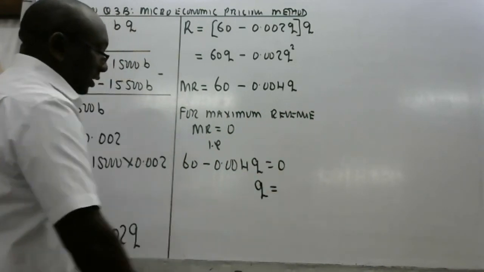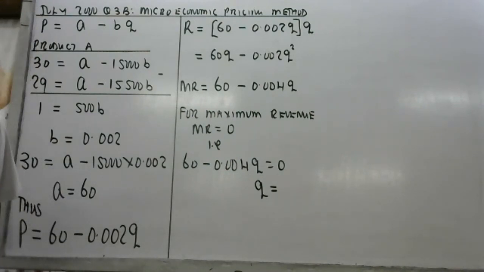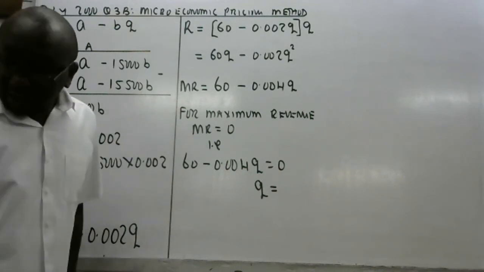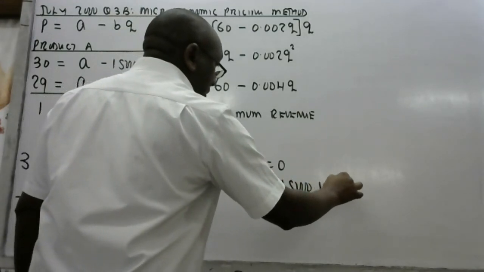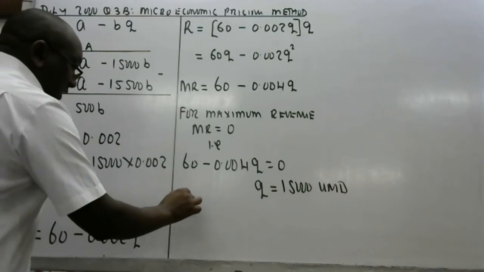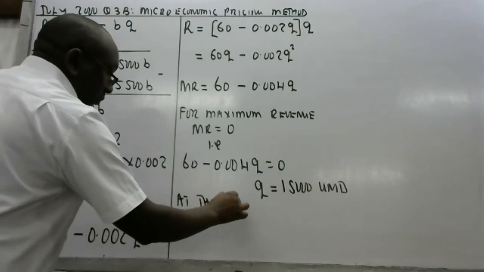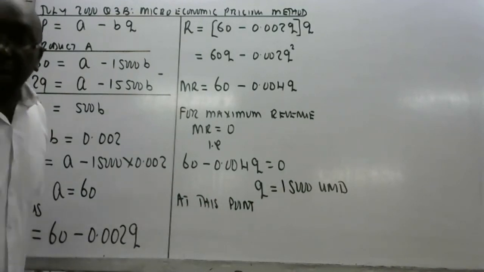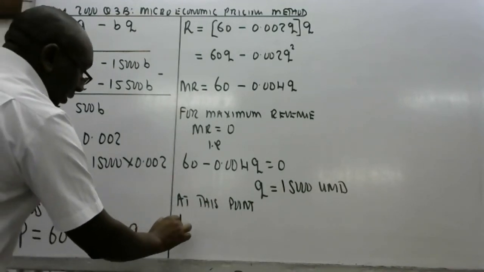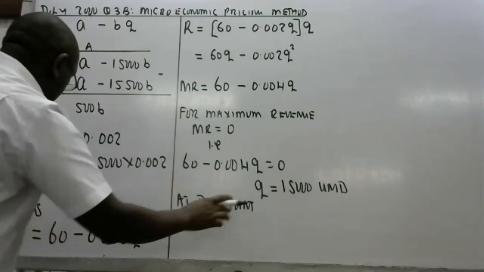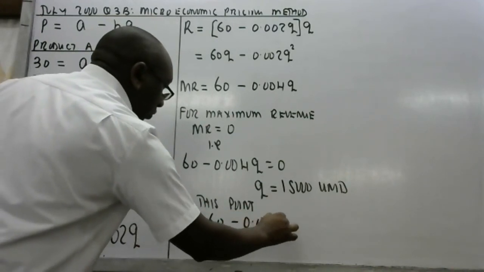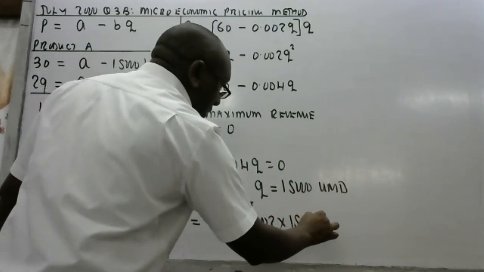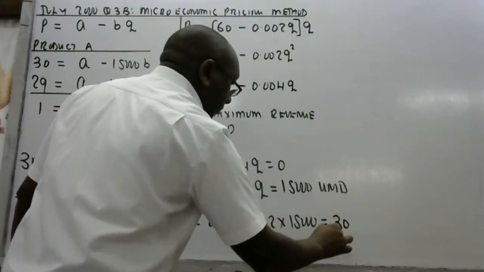And based on that, I get Q should be 15,000. So at this point, if they ask you the price, now that you have got this, you substitute in this one, you say 60 minus 0.002 times 15,000 is equal to 30.